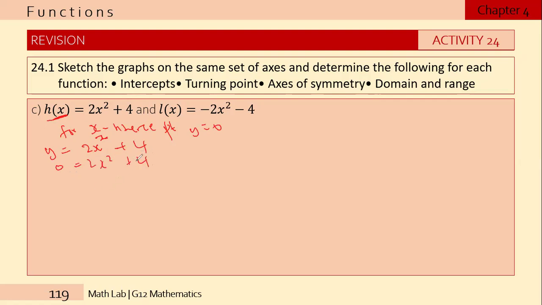Yeah, I made a mistake here. So the 4 is going to go the other way. So it's minus 4 equals 2x squared, divided by 2, divided by 2. So minus 2 equals x squared.